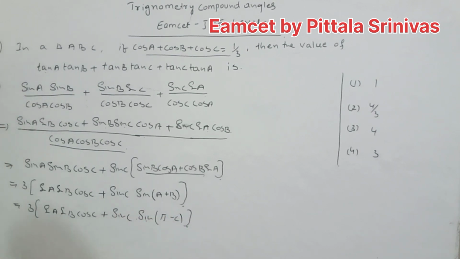What is sin of pi minus C? A plus B plus C is equal to pi.